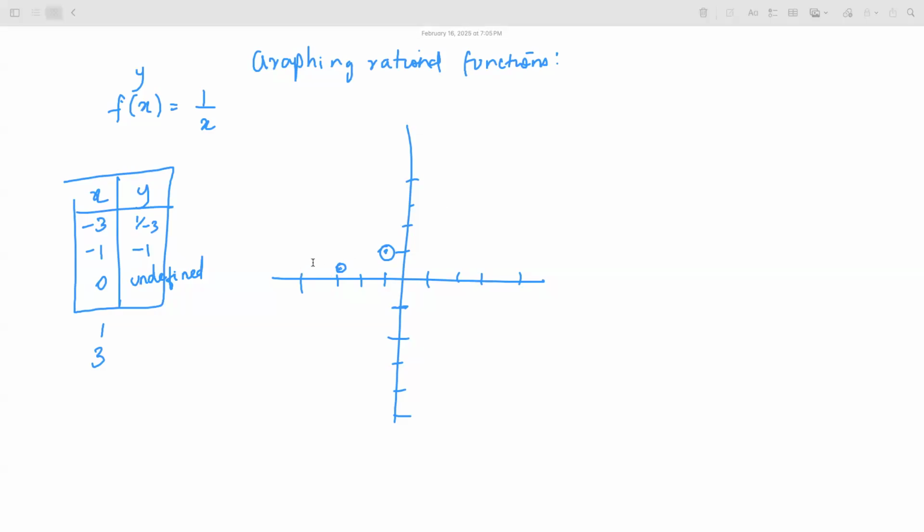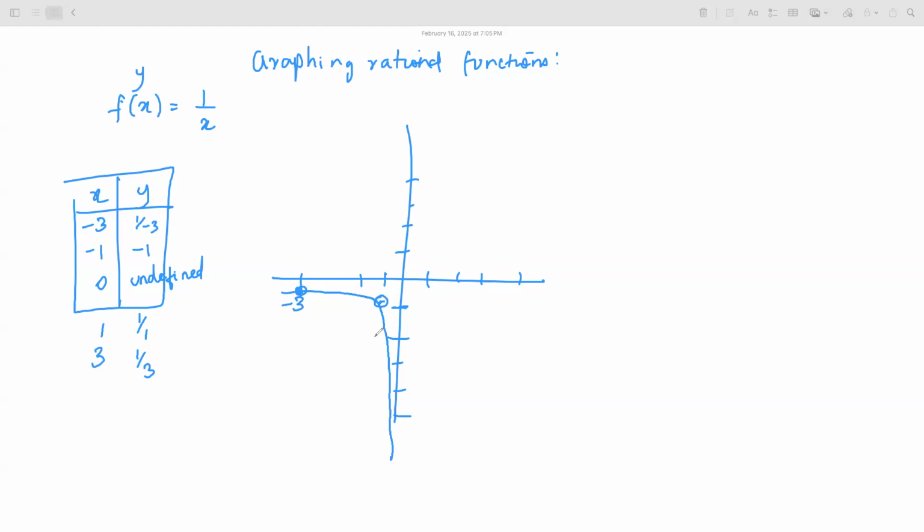Okay, so it just goes here. It goes undefined, and then 1 gives 1 by 1, and 3 gives 1 by 3. I'm making a blunder. -3 is here. -1 by 3 is here. -1 gives -1, and then it goes to undefined.